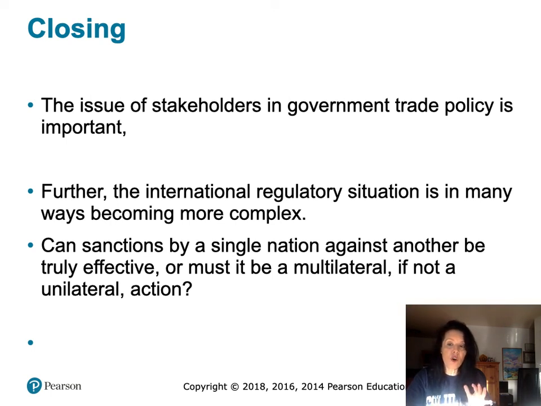So overall, we also suggested that you really need to look at the issue of stakeholders before imposing trade barriers. Especially stakeholder is very important in governmental trade policy, because trade policy is the one that is the most politicized and that is subject to diverse political influences, whose interests should be of paramount concern.